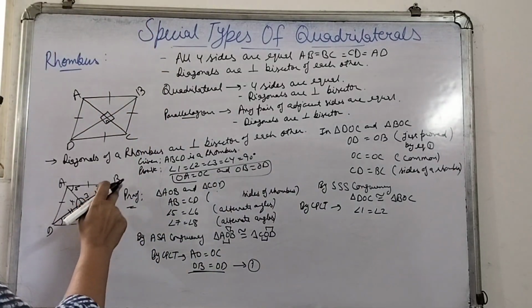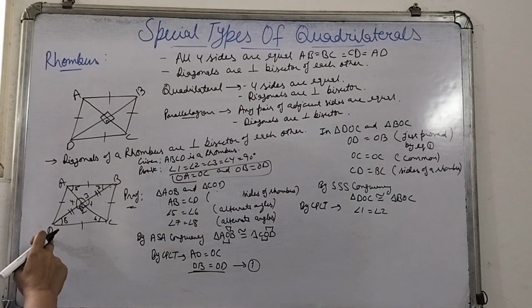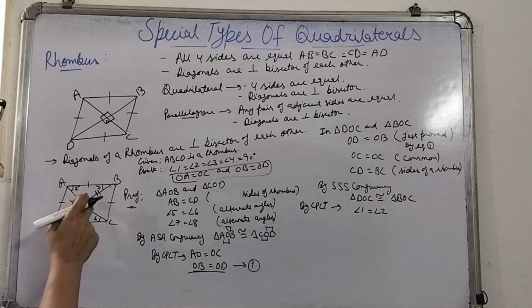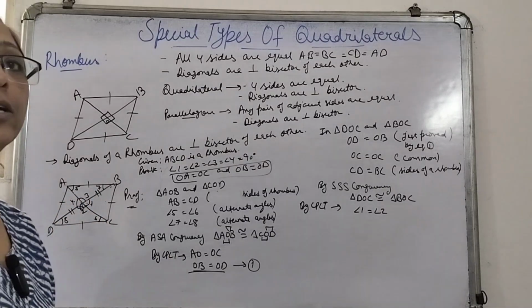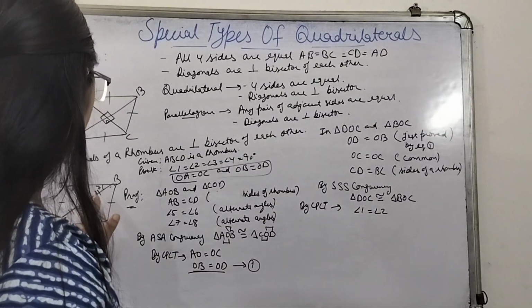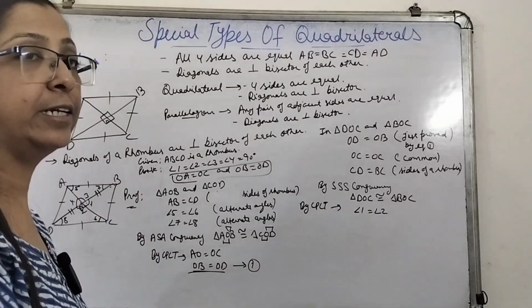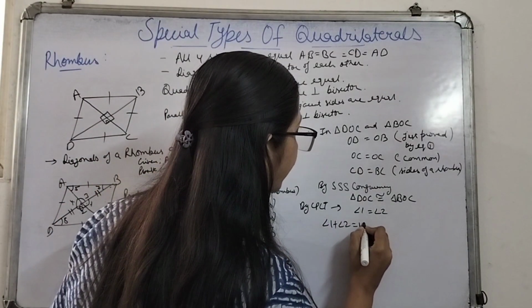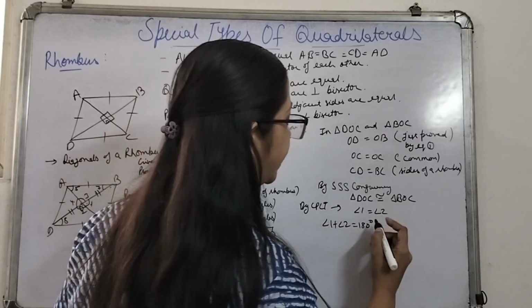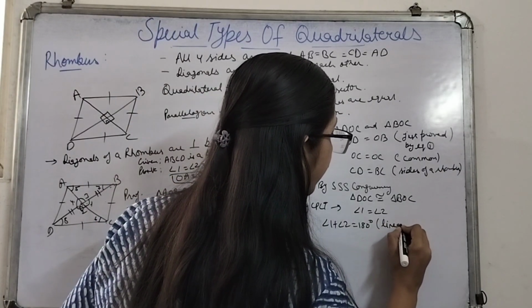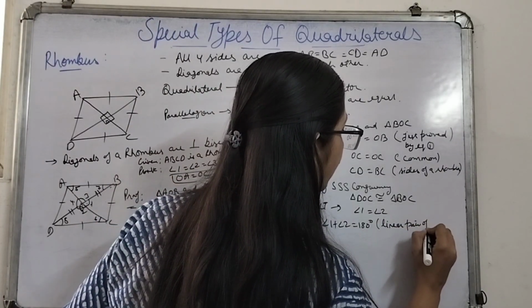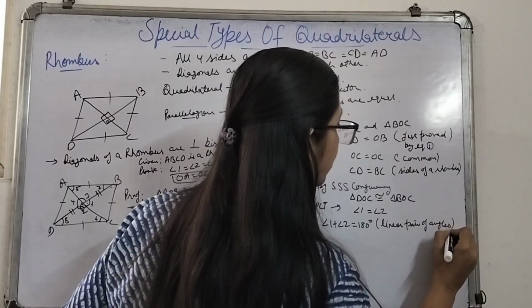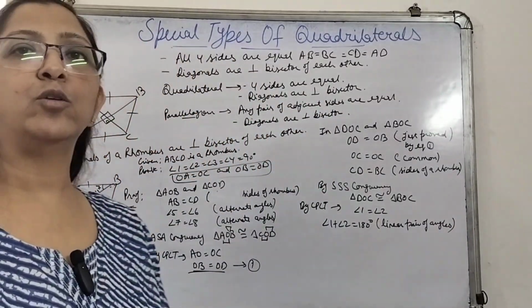Now we can see over here that BD is a straight line. That means angle 1 and angle 2 are a linear pair of angles. For a linear pair of angles, the sum is 180 degrees.